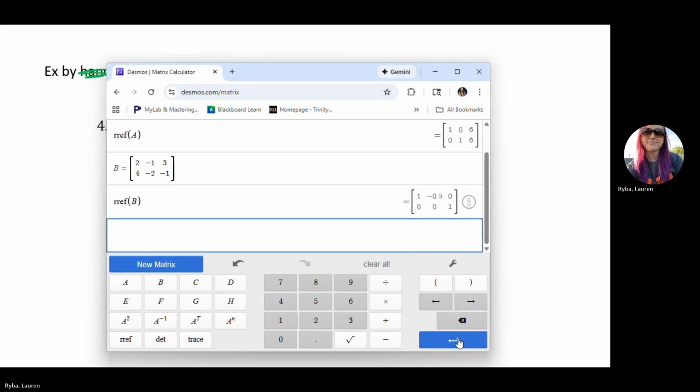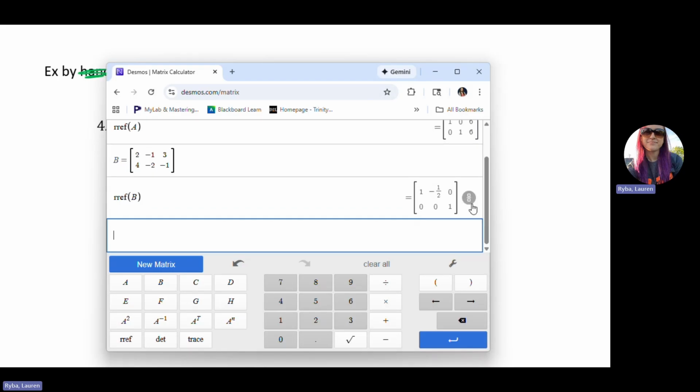Okay. So here I did this. One really nice thing about the Desmos calculator is that if I ever get a decimal, you see how this little fraction button popped up here? I can click this and it converts it to a fraction for me. So I can automatically see what that decimal is in fraction form.